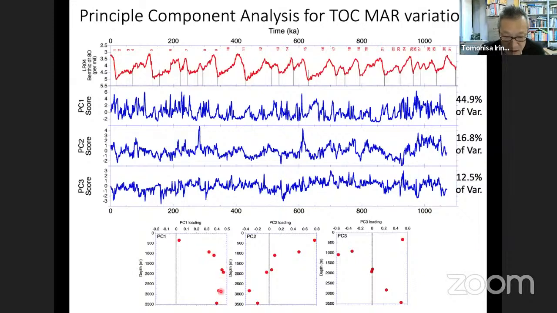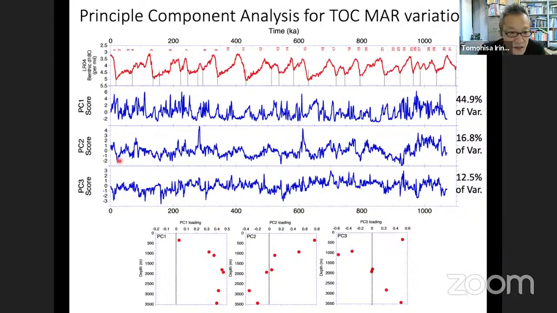So each site in various steps contributes to this variability. In the case of principal component 1, all the sites and all the depths vary at the same time like this. Positive score means an increase of the TOC flux for most of all the depths.